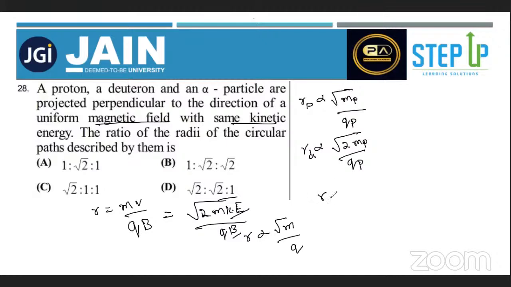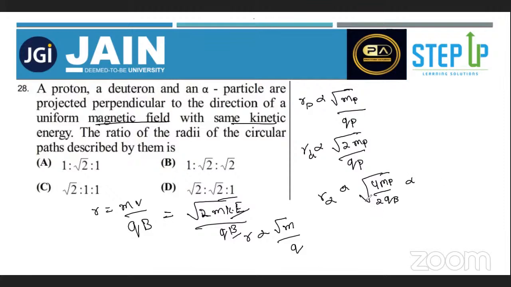Then for the alpha particle, the mass will be 4 times that of proton and the charge will be 2 times that of proton.